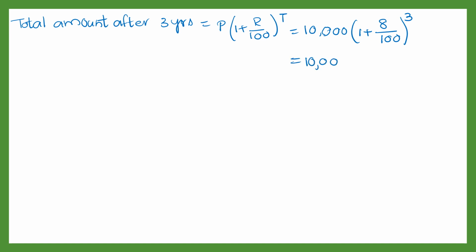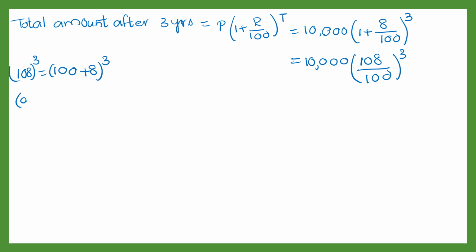We get 10,000 into 108 by 100 whole cube. So let's calculate 108 cube. This can be written as 100 plus 8 whole cube.